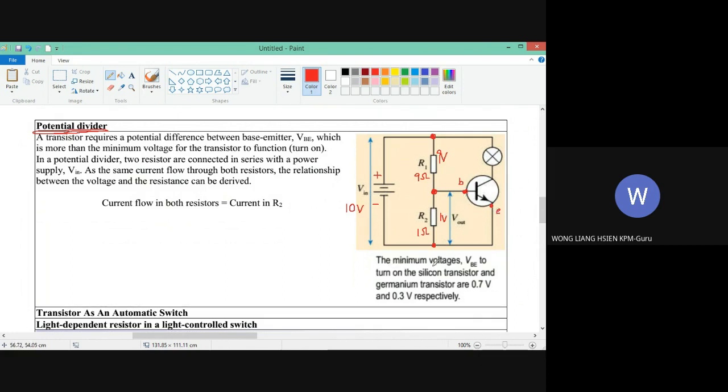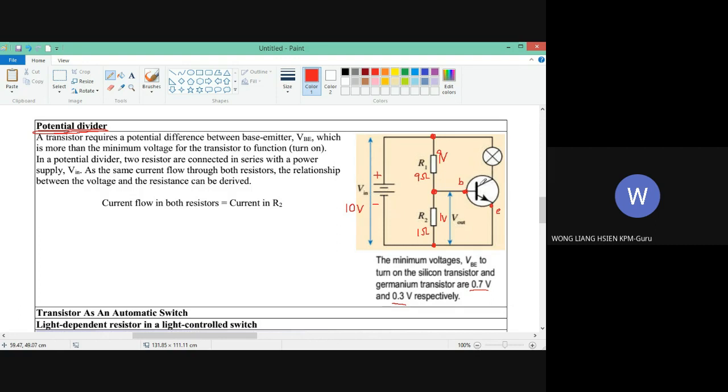The minimum voltage to turn on a silicon transistor is 2.7 volt. So this 1 volt is already higher than the minimum voltage of 2.7 volt. So that means we can turn on the transistor.